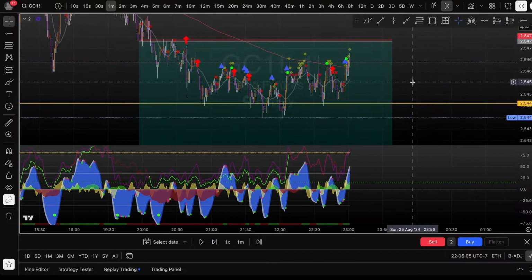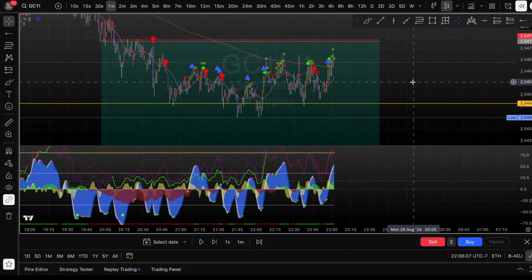Because I gotta ride this one out. Usually there's one more push down before it does the move in the other direction.